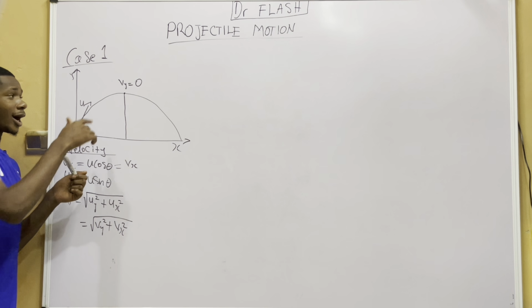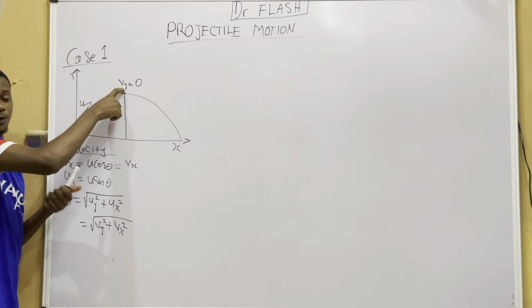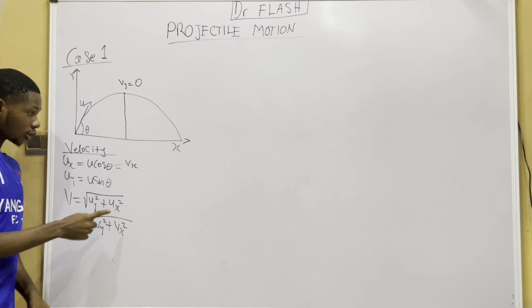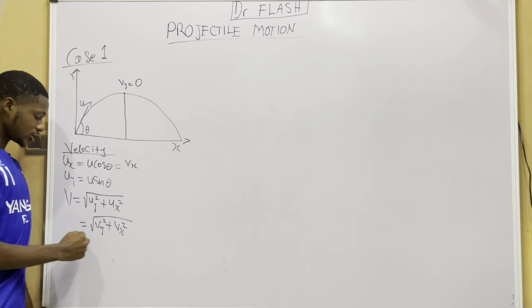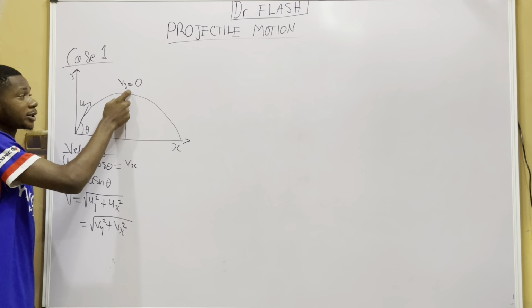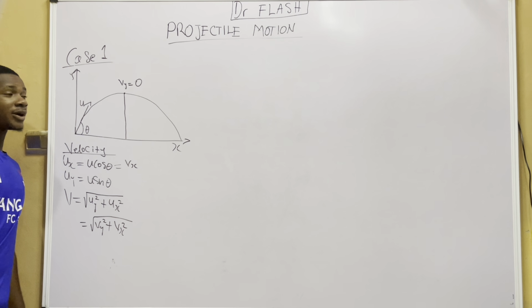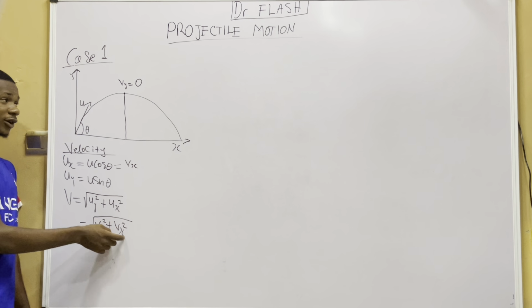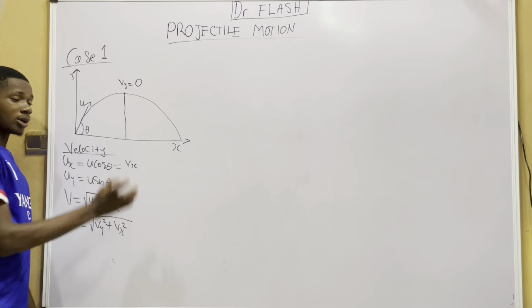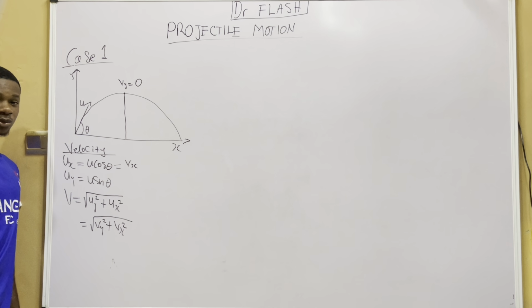At this point it's only having Vx, because Vy in this place is 0, we're going to have 0 here, and we're left with just Vx. So for this place, you can choose not to use this formula. If you're asked to find the velocity at a particular point, this is the formula to use. We find Uy, we find Ux, or we find Vy and find Vx, put it into the formula and we'll get our answer. That is how it is being done.